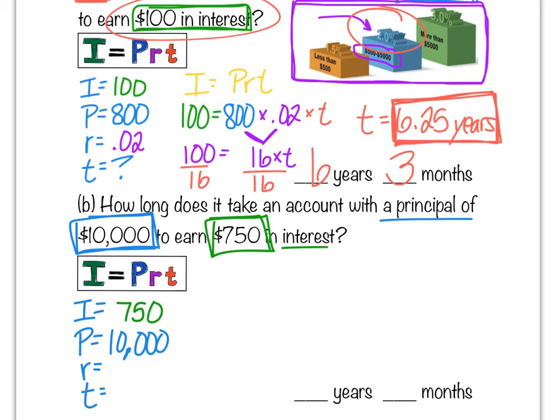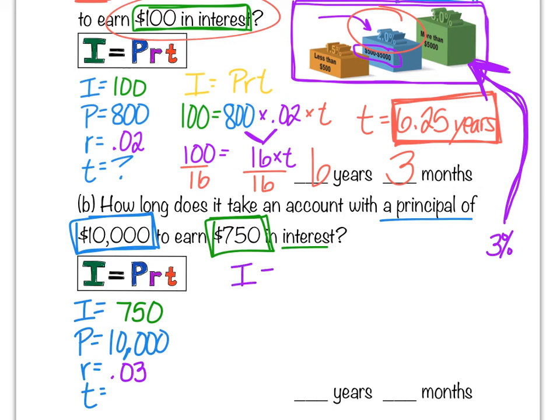Now, if you put in $10,000, you can look up here, our interest rate says that's going to be 3%, right? 3% for our interest because we're putting in over $5,000. So if our interest rate is 3%, then I'm going to use 0.03 for R. And then I can go ahead and get started.